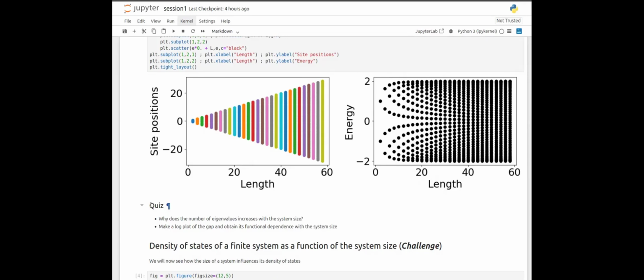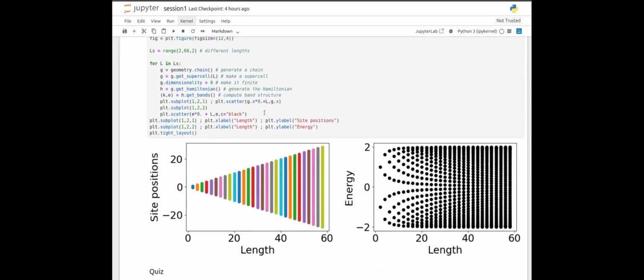Now the next question is to make a log plot of the gap and obtain its functional dependence on the system size. To do this, we can do the following. The gap is effectively the energy difference between the positive energy and the negative energy.